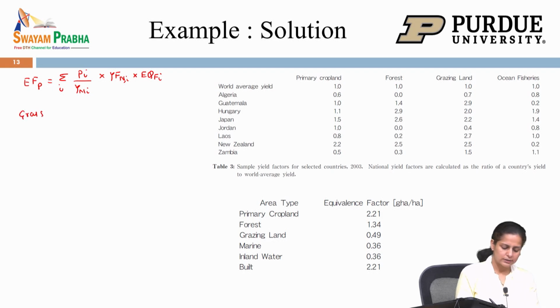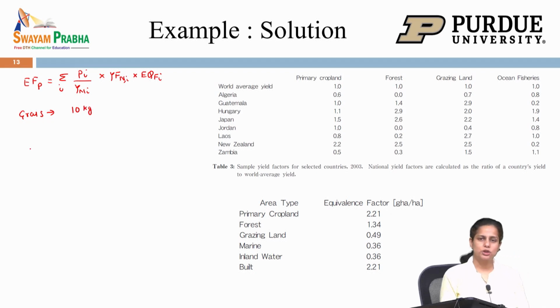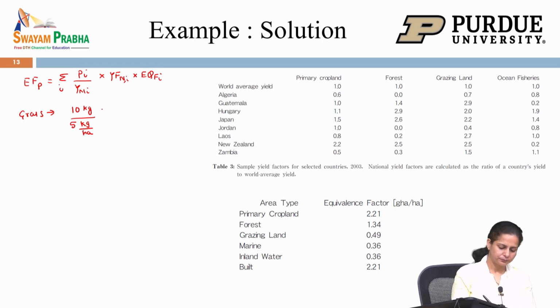For grass, 10 kg was the input to the process for the production, and the average productivity of the grassland was given as 5 kg per hectare globally. And then we are saying that this product is being obtained from New Zealand.